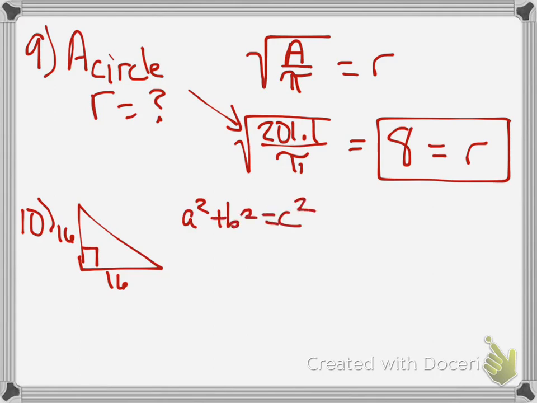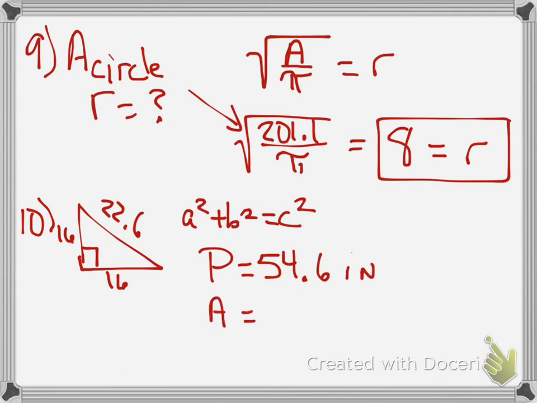And when you do that, you would get 22.6. Okay, and then add those up. That would give you the perimeter, 54.6 inches. And then base times height divided by 2. You get 128 square inches. And there you go. So again, that's stuff that's already been covered.